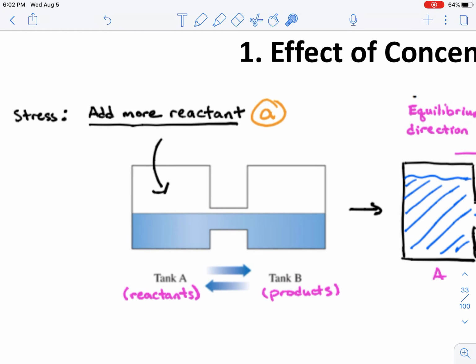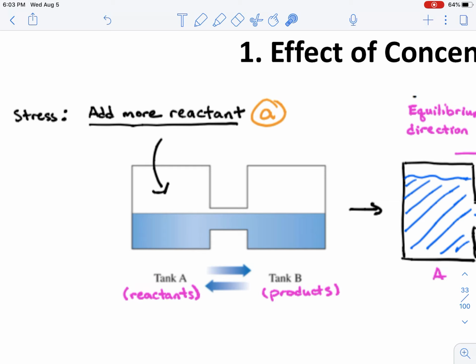The analogy that I'm going to be using is these two tanks that are connected to each other. Tank A, which is the left side, is going to represent the reactants. And tank B, which is on the right side, is going to represent the products. I want you to notice that the level of the liquid is equal between both of these tanks. So currently this system is at a state of chemical equilibrium.